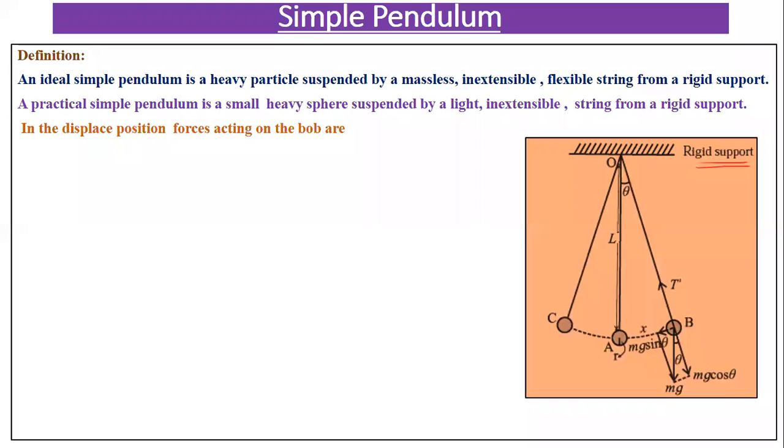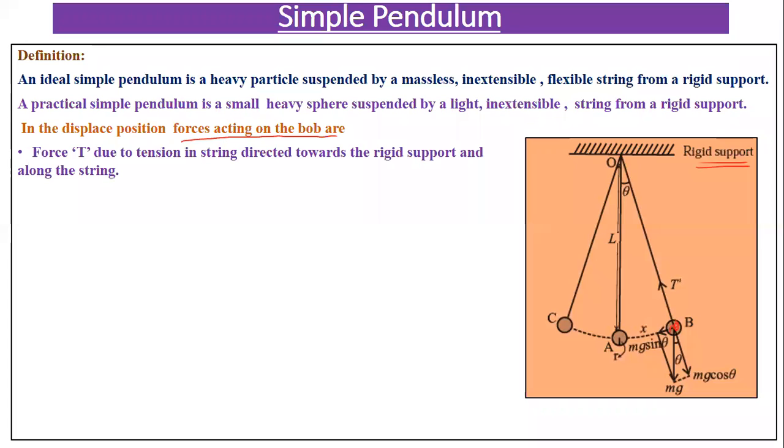In the displaced position, when the bob is displaced to position B, the forces acting on the bob are, first, tension in the string, and second, weight mg.